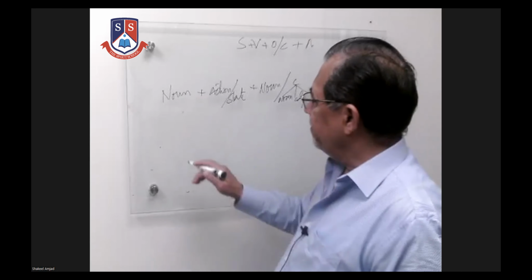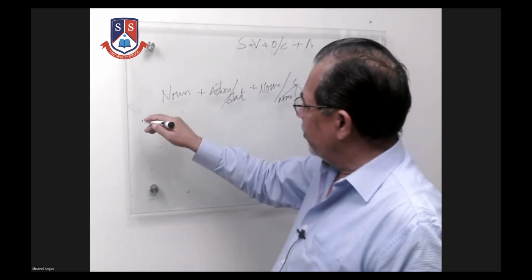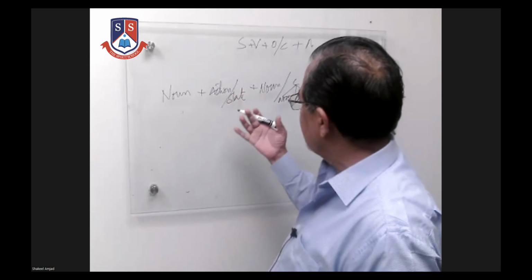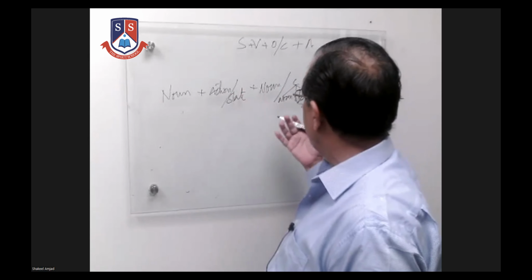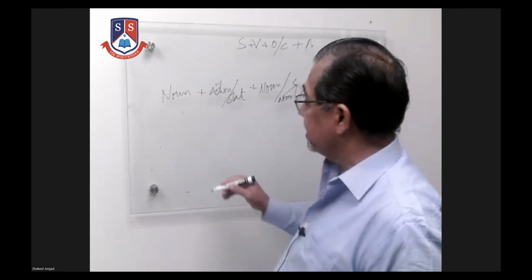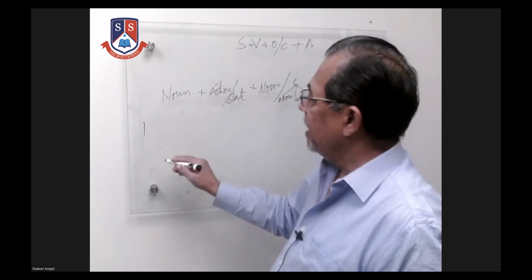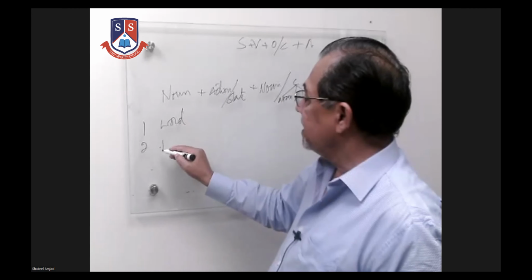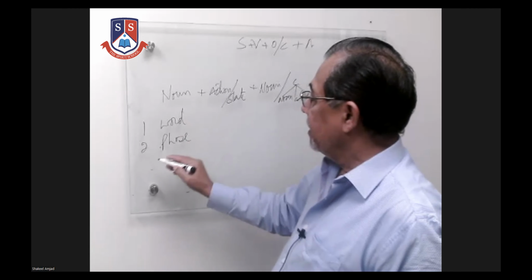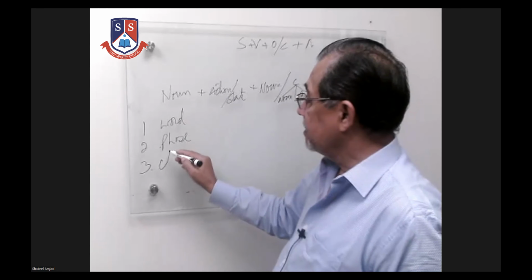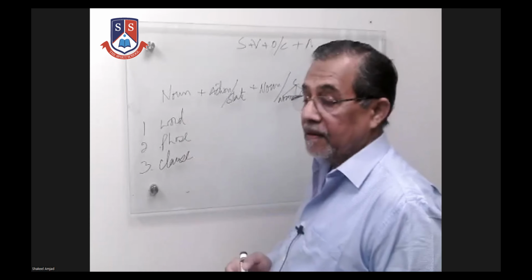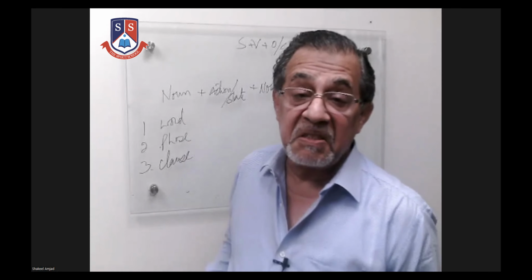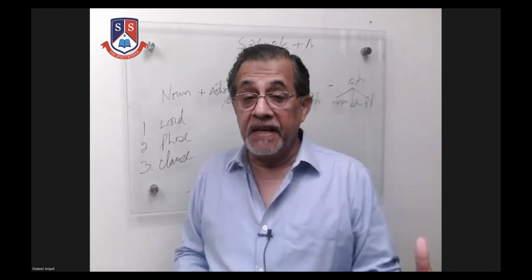So now what can be a noun, an adjective, a verb, etc.? Remember that a noun can be a word, can be a phrase, can be a clause. So our subject can be a noun, a single word, a phrase.